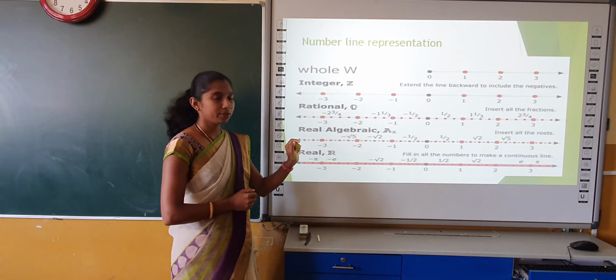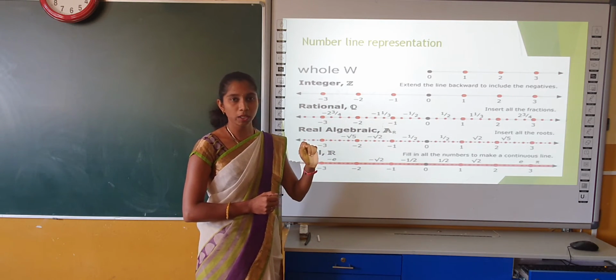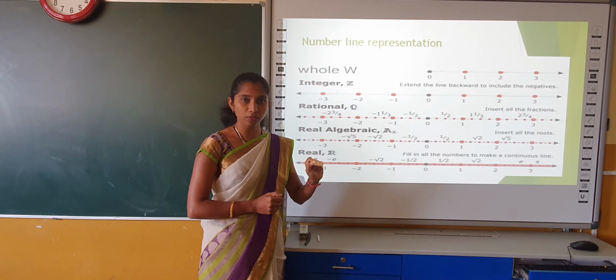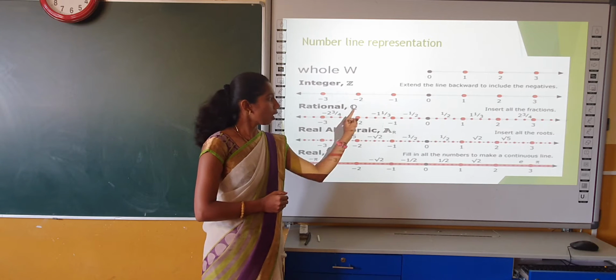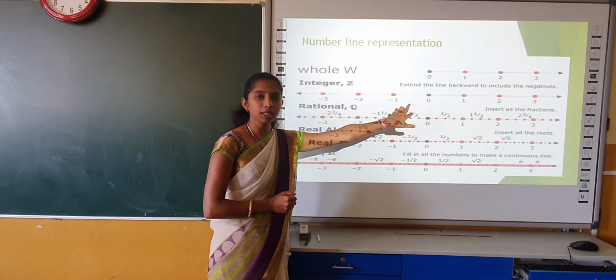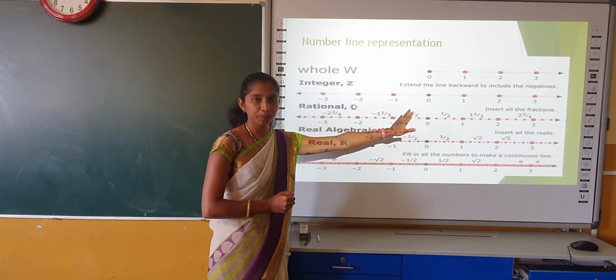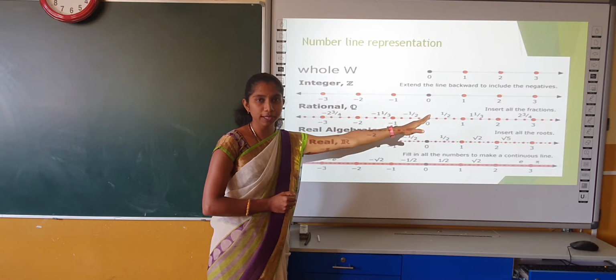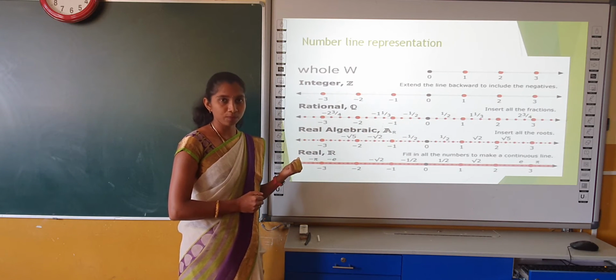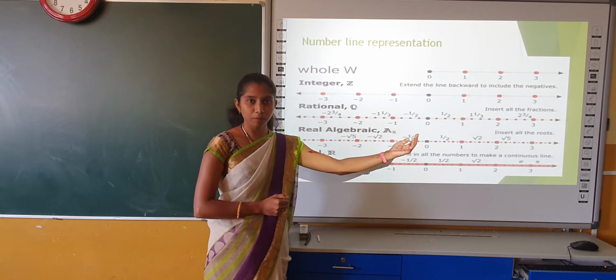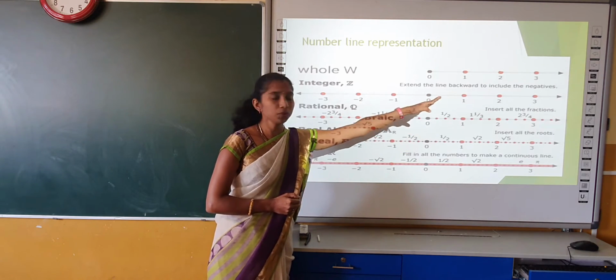Next is the integer. As we already know, integers consist of positive and negative numbers along with 0. On the number line, in the middle we should mention 0. On the right side we have to write positive numbers, on the left side negative numbers. Positive numbers: 1, 2, 3.